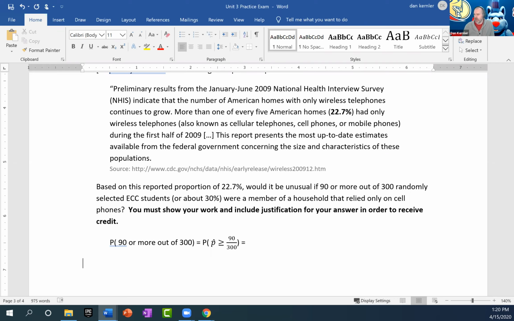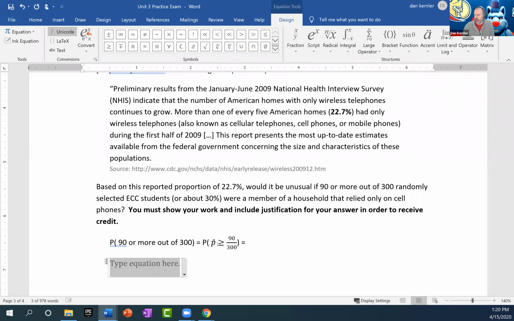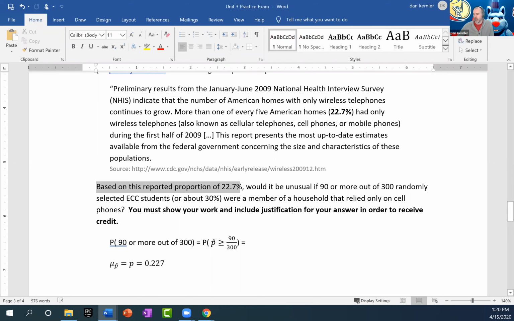So the way we're going to do that is we're going to do a probability question. But again, we need the mean and standard deviation. So I'm trying to use the symbols here. The mean of the sample proportions is the same as the population proportion. So we should get 0.227. That's the population proportion based on this reported proportion of 22.7%.